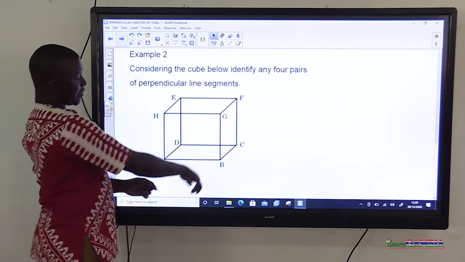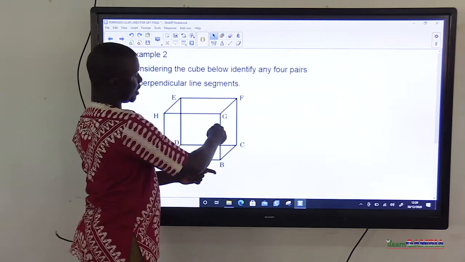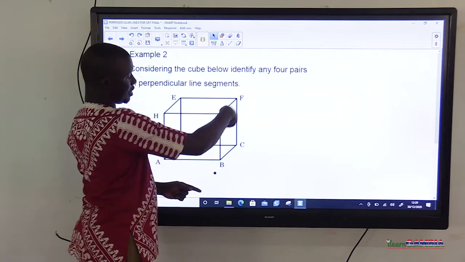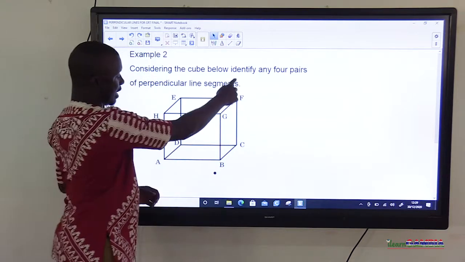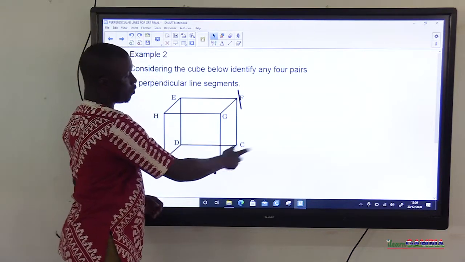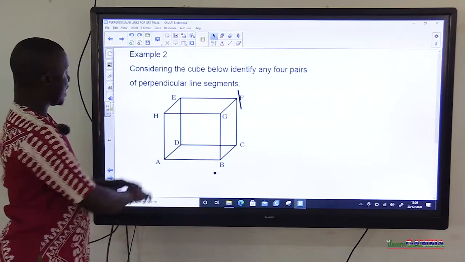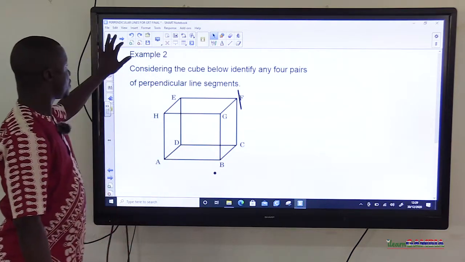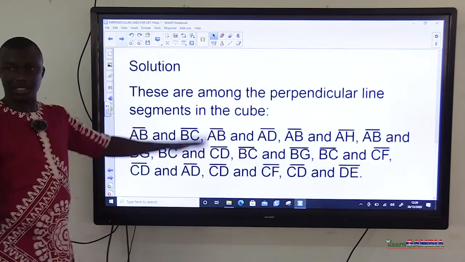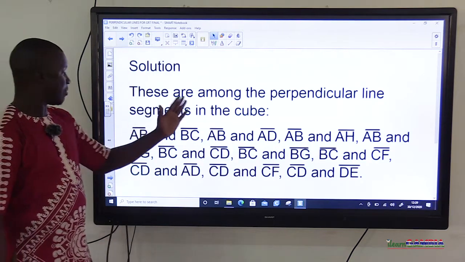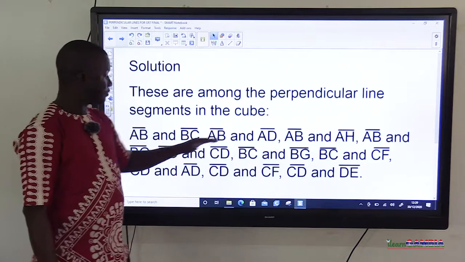And BG is also perpendicular to EG, and FC is also perpendicular to BC. There's a bunch of lines that are perpendicular to each other, and all of them are stated here. These are amongst the perpendicular line segments in the cube.